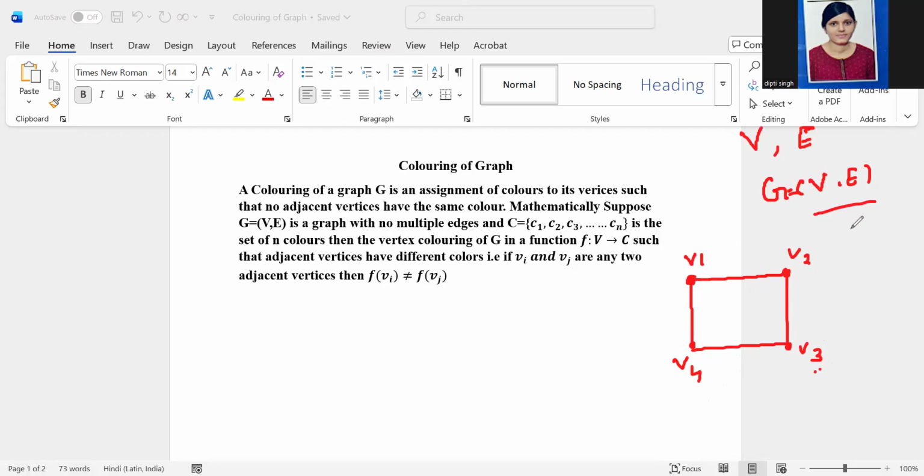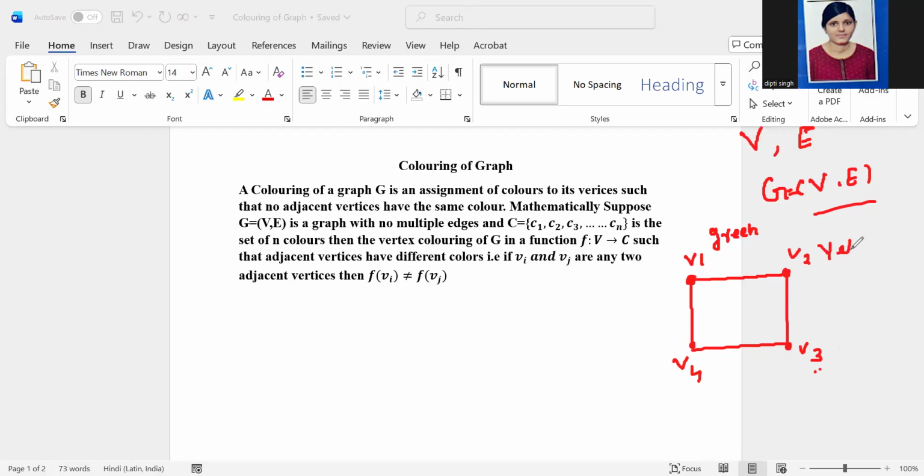Okay, so if we want to color this graph, remember that if you color this with green, then you have to color the next one with a different color. Suppose it is yellow.